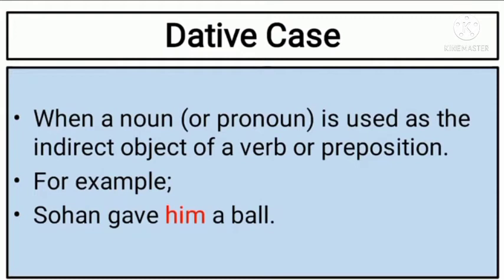You have to remember this. Dative case means a noun is used as the indirect object of a verb. There shouldn't be a preposition before the indirect object. So with an example we are going to explain this.